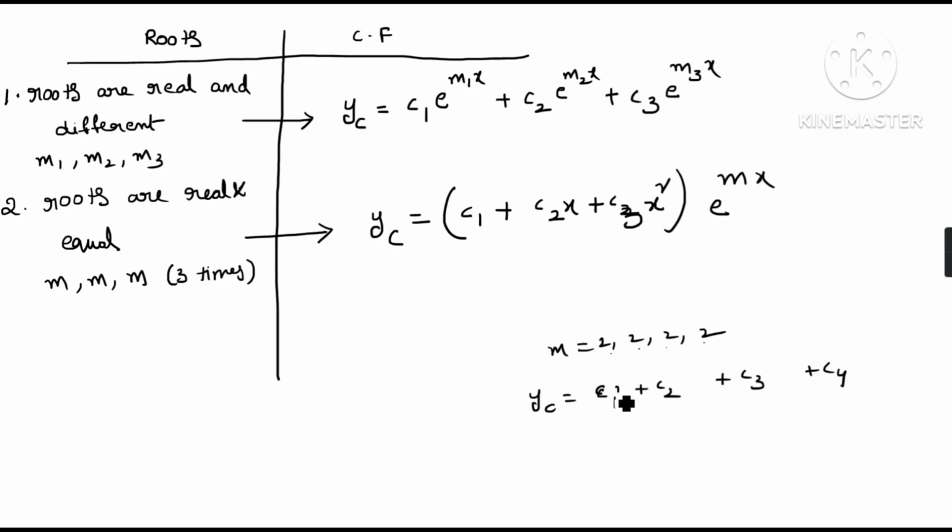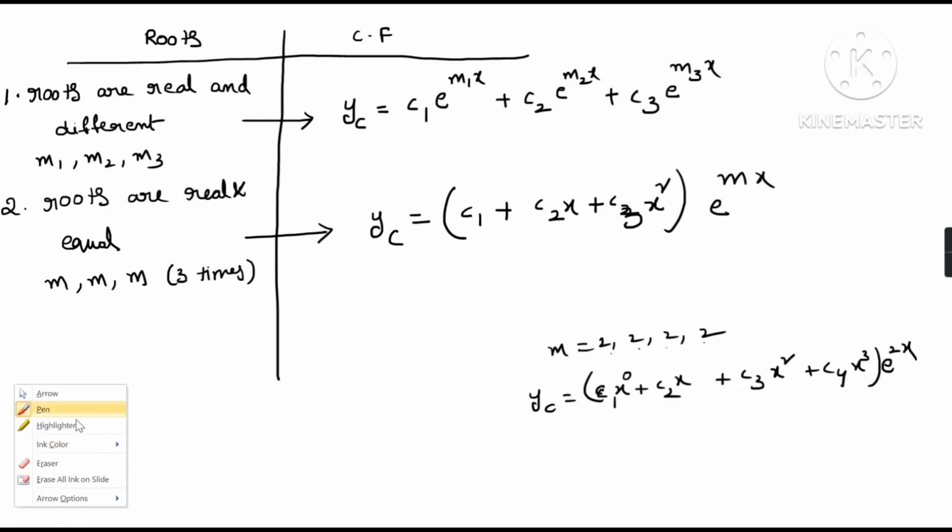For the first it is x power 0, then x power 1, x square, x cube, into e power 2x. Since x power 0 is 1, we can directly take C1 plus C2x plus C3x square plus C4x cube, into e power 2x. We can take the Yc function like this. This is the way to write the complementary function, depending on the roots.